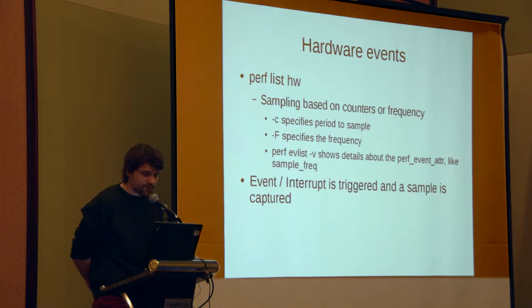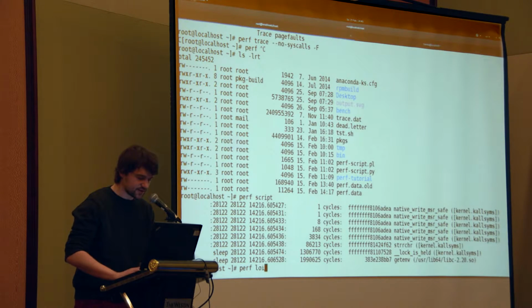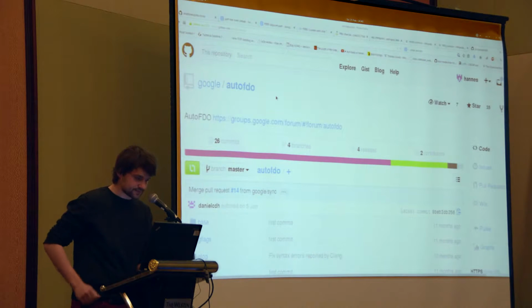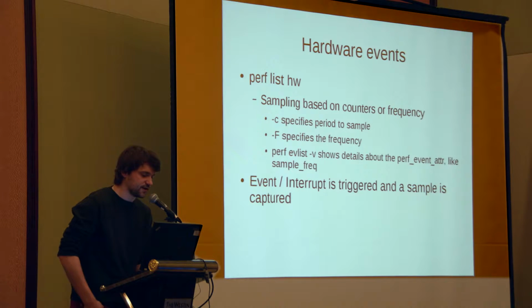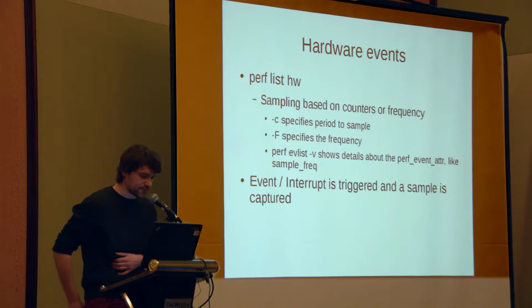So specifically for hardware events, you can look at perf list hw, which gives you the current list of hardware events. -C and -F allow you to override the frequency and or the sample period. And as I already said, perf evlist -v shows you the perf event attributes more closely.